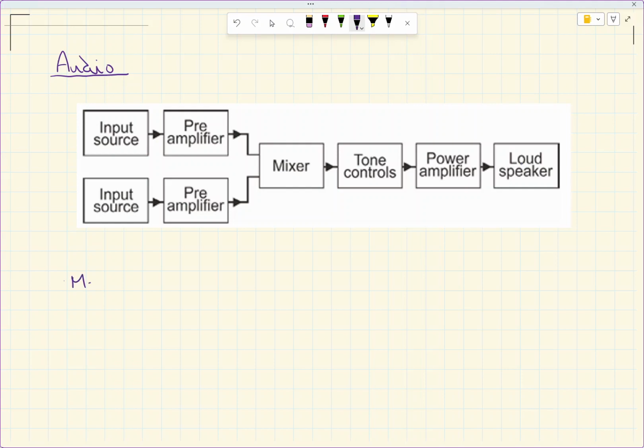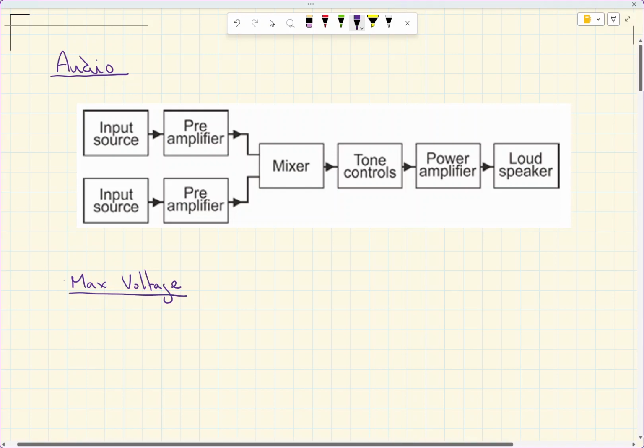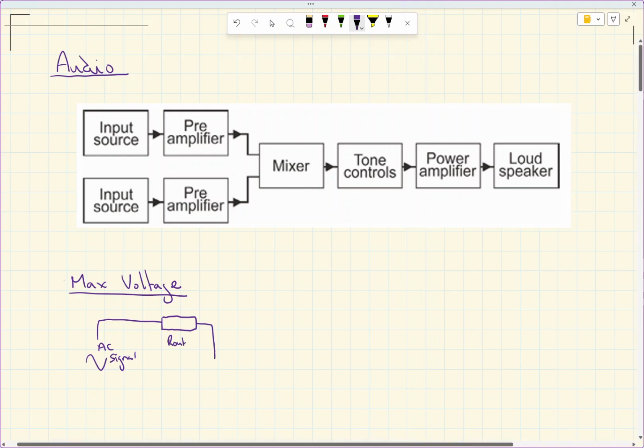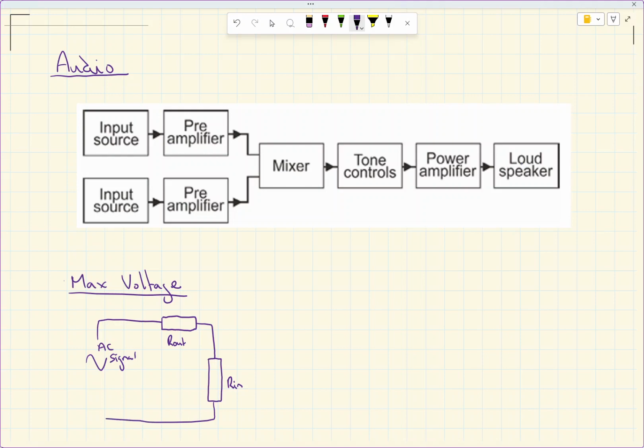Now with maximum voltage transfer, if we think about it, some sort of AC signal, then inside one of the stages, that stage, whether it be the input source, will have an output resistance, and then that signal will feed into another system that will have an input resistance. And this is along the same lines as a Thevenin circuit.